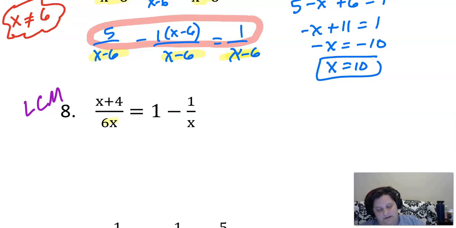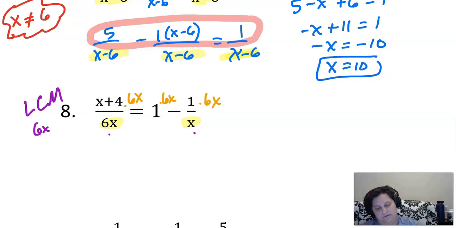When I look at this, I ask, what do everything on the bottom, including this one, because this one's like over 1, what do they all go into? Well, 6x and x both go into 6x. Instead of making that my denominator, check out what I'm going to do. I'm going to multiply each term by 6x.